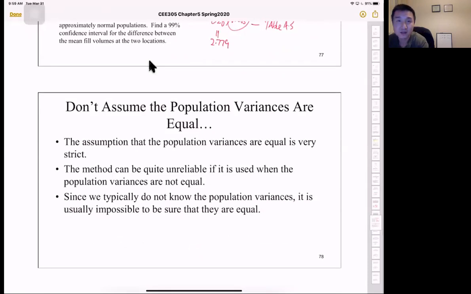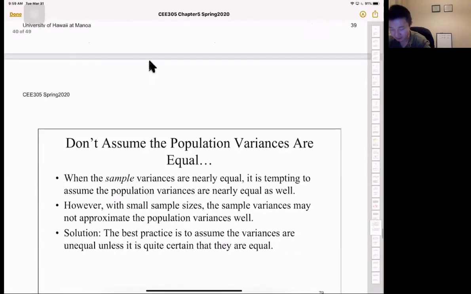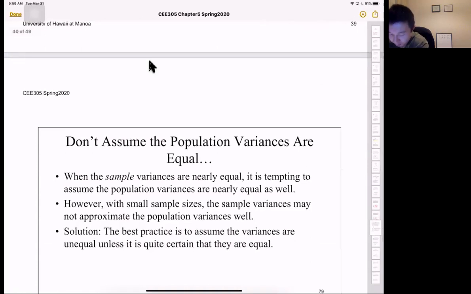And here it says, do not assume the population variances are equal. The example we just discussed had the same variance. But do not always assume the population variances are equal, because even though sometimes the sample standard deviations are similar, it does not necessarily mean the population standard deviations and variances are also equal.